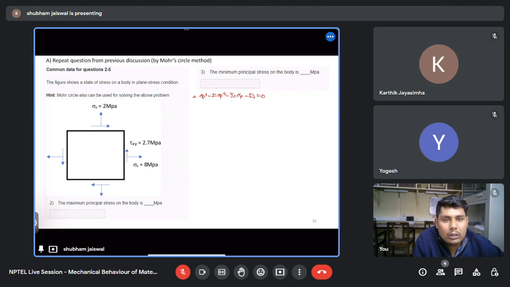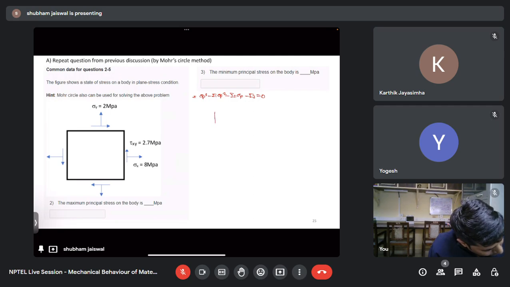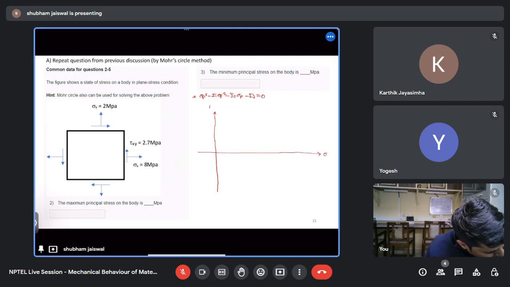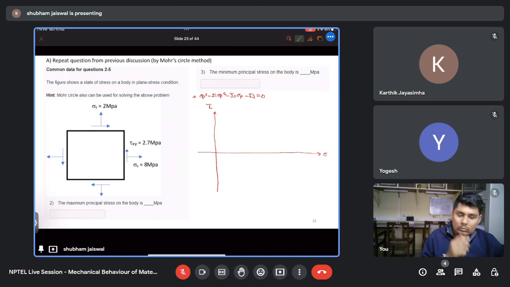Mr. Karthik, Mr. Yogesh. Yes, sir, we will try. So let's say this is my phase A and this is my B. Let's try to solve.